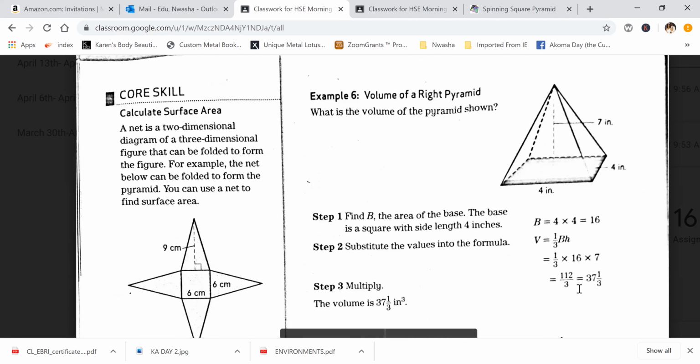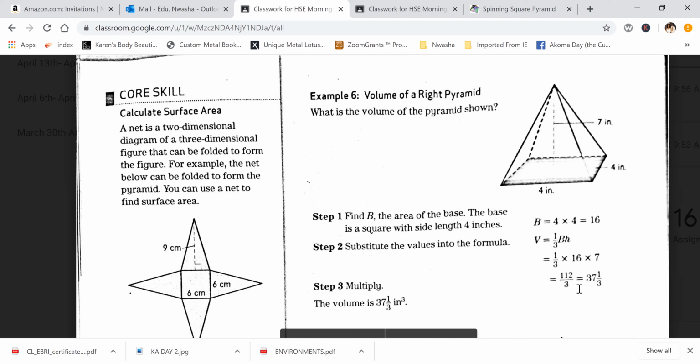So in example number 6, it says, what is the volume of the pyramid shown? In order to find the volume, you're going to start with the formula, and then you're just going to replace. So step number 1, what is B, the area of the base? Because this is a right pyramid, the base is a square.